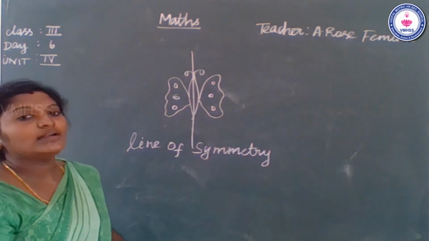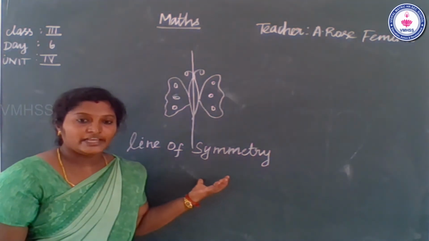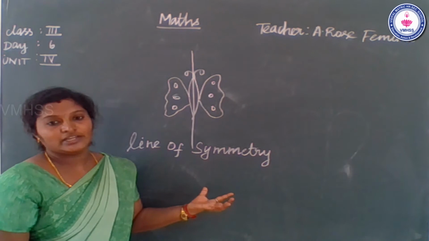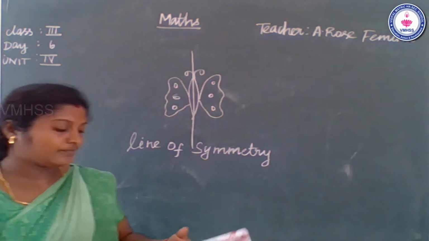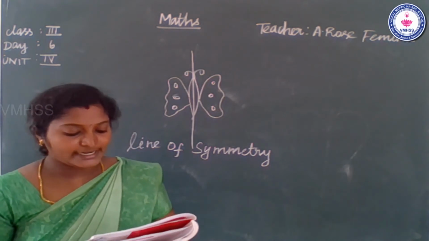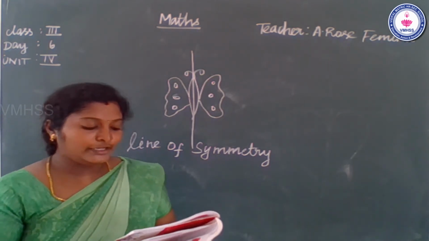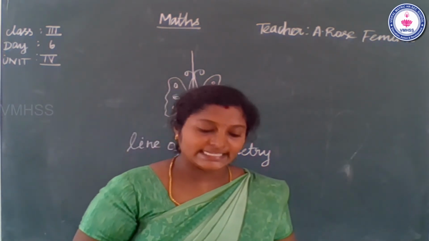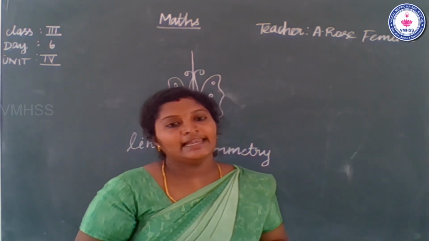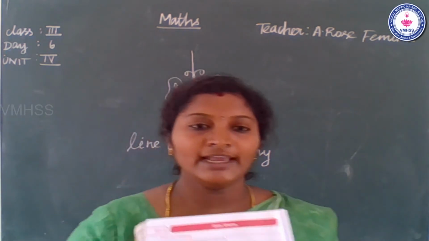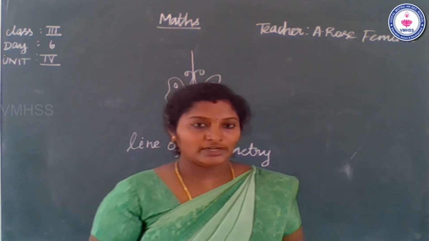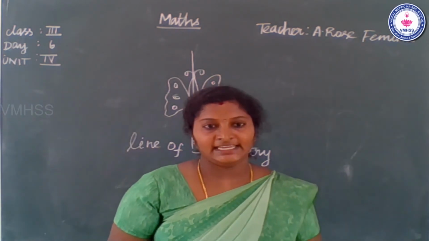So this is called the line of symmetry. You understand? Next, the line that divides one object into two equal parts is called a line of symmetry.